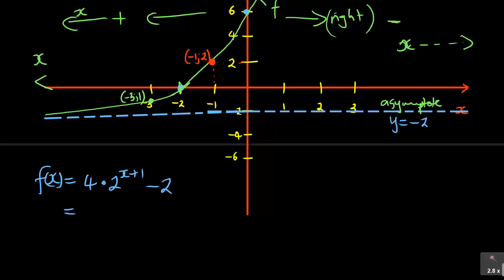So the graph will be g of x. So g of x, which is moved 2 units to the right, is equal to f of x. Remember, I'm only affecting the x-axis.